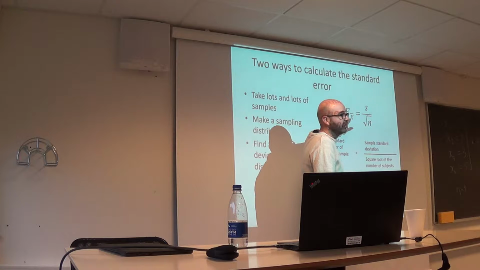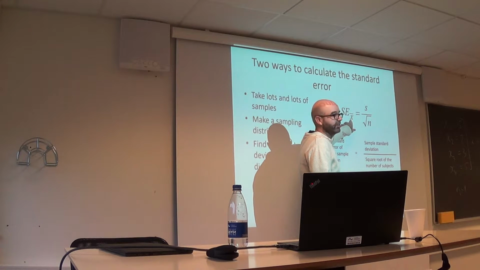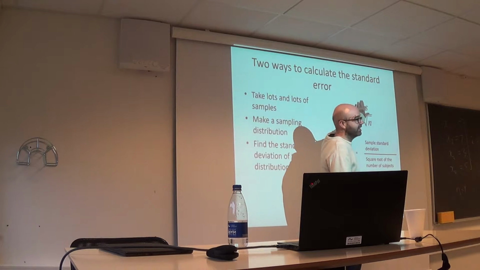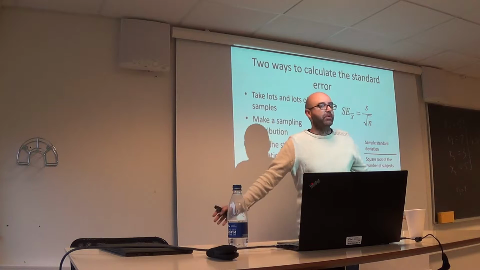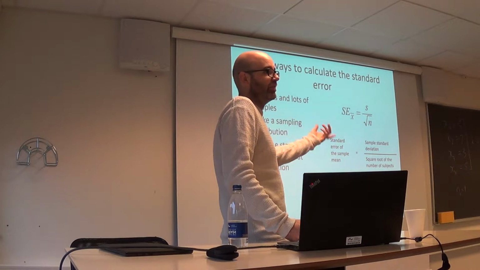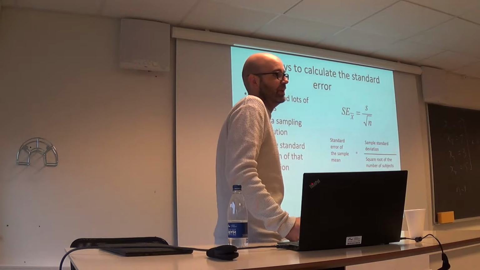The standard error of the sample mean is equal to the standard deviation divided by the square root of the number of subjects. Don't ask me why it works. But that's the fudge. That's the fudge for taking a guess of the sample mean.